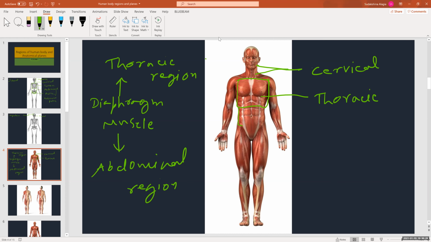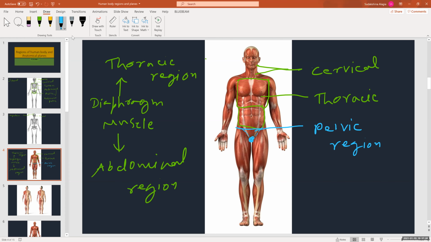So here we have abdominal. The pelvis or pelvic region is almost like if you're drawing a triangle. The last triangle part, the lowest part of the torso. This is overall what we refer to as the pelvic region.